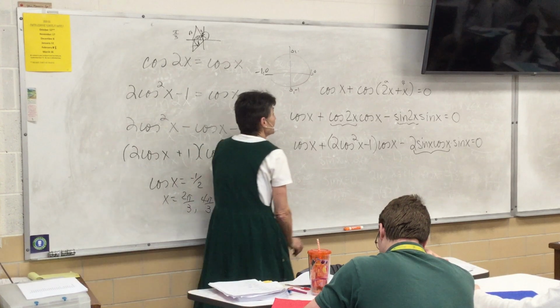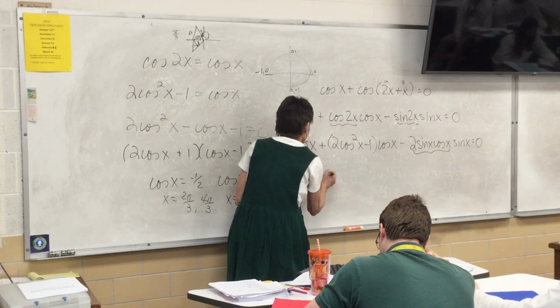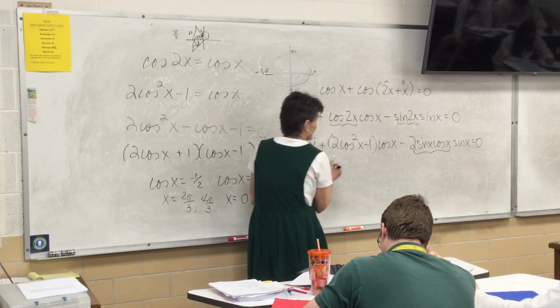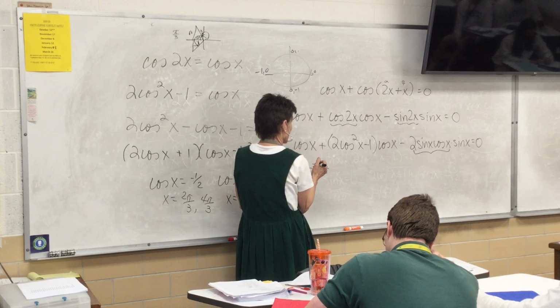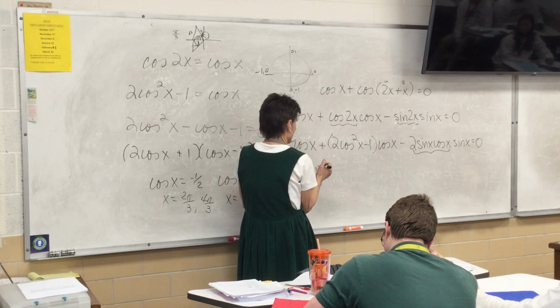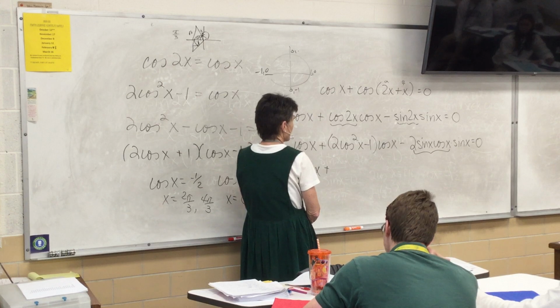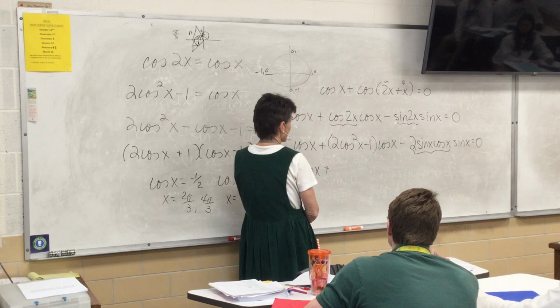Cosine now. So cosine plus, oh, you want to take a cosine out? Can I distribute first and then take a cosine out?